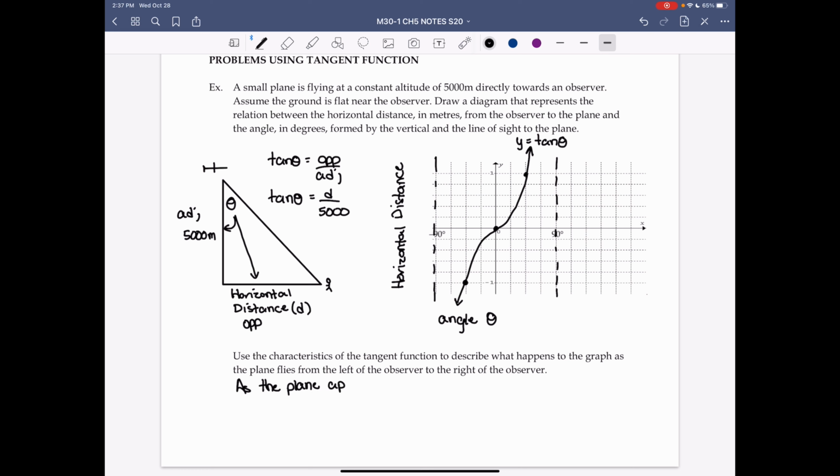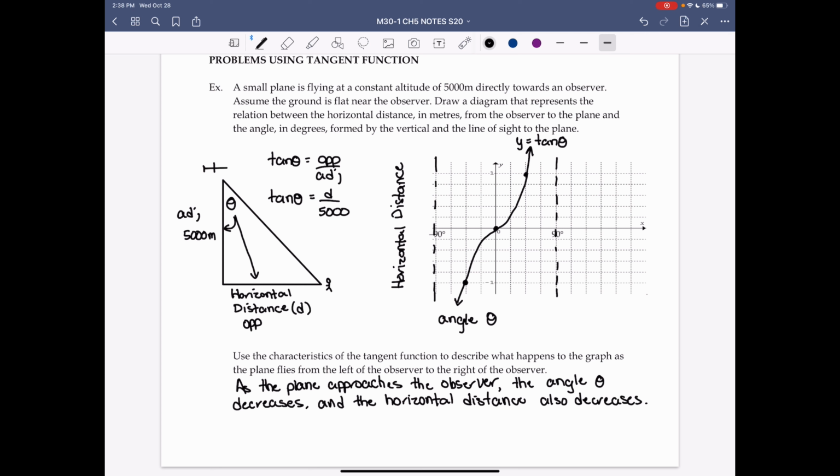So as the plane approaches the observer, the angle theta decreases, and the horizontal distance also decreases.